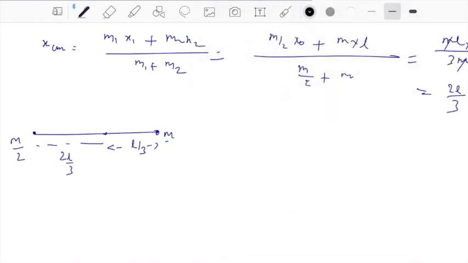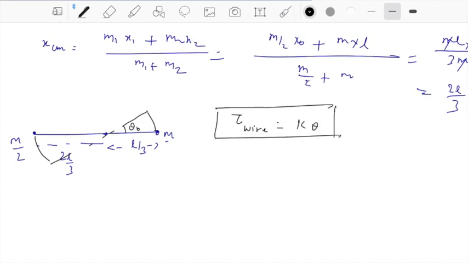Now if it is rotated by angle theta naught, then at that moment clearly we know that the torque in the wire is equal to K into theta. Obviously at the extreme position it will be theta naught, and at any random position it would be K theta.